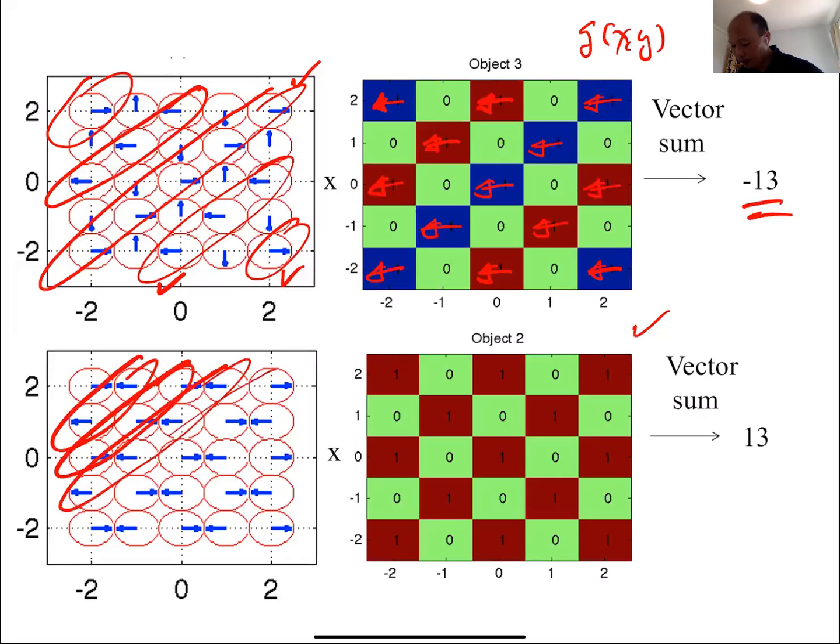If you look at any diagonal, it has the same orientation of spins. So here we can just grab those spins, and it turns out that these are all positive. The spins that we pick up are all pointing in that direction. So that has a vector sum of 13. All right.